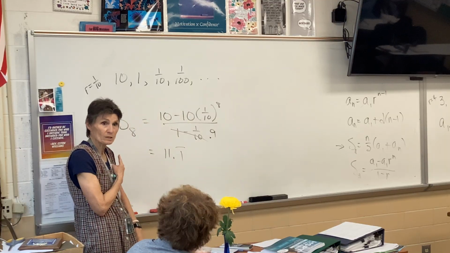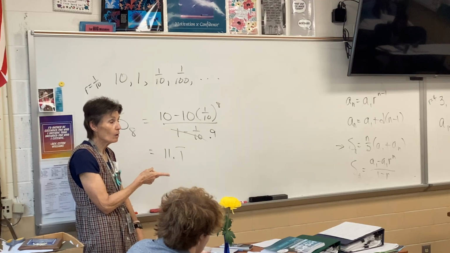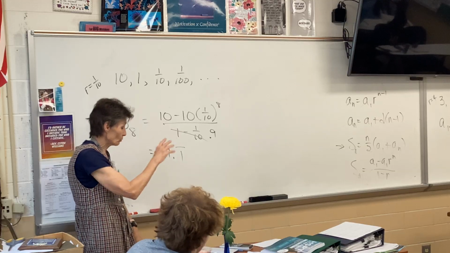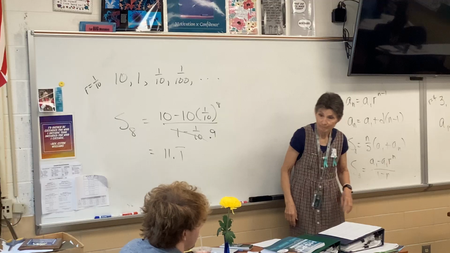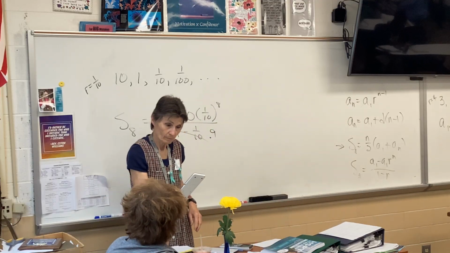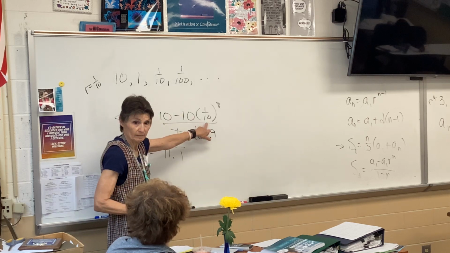Okay, that's what your quiz was. This one counts. So I hope you did better than it seems like you were doing. Yeah, we just went through and practiced again, so we're on our way. The ratio is 1/10.